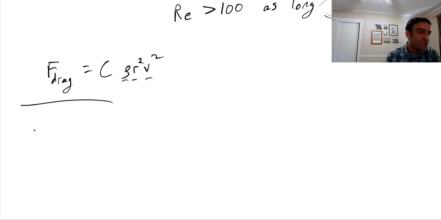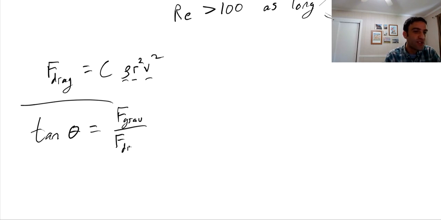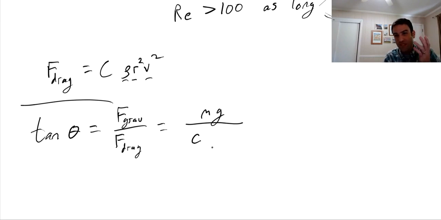So putting everything together, the tangent of that angle has to be given by the ratio of the force of gravity to the force of drag. We know the force of gravity is the mass of the droplet times the acceleration due to gravity. And we've just worked out that the drag force is some constant that we don't know, c, multiplied by the density of air times the radius of the droplet times v squared.